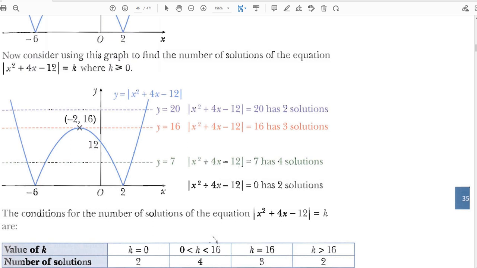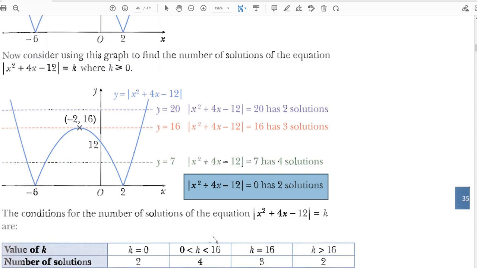Students, if k is equal to 0, the graph has 2 solutions. How? Because this reduces to a quadratic equation, and a quadratic equation always has 2 solutions.